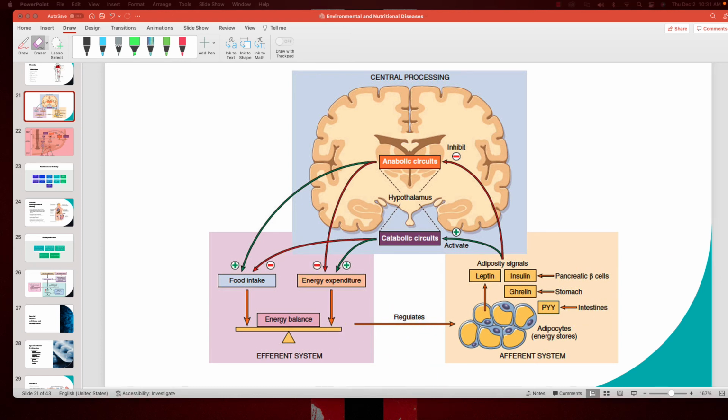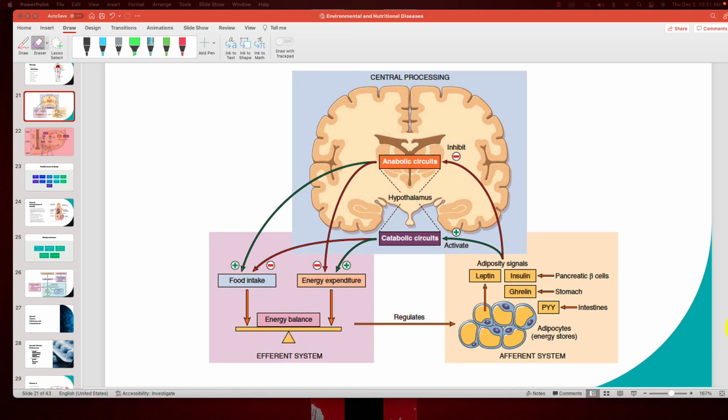This is a representation of a neurohormone relationship, right? We have hormones, we have neurological responses through central processing of the central nervous system. And the way these two organs communicate is going to impact how the body uses energy or takes in energy, and this could disrupt the energy balance.